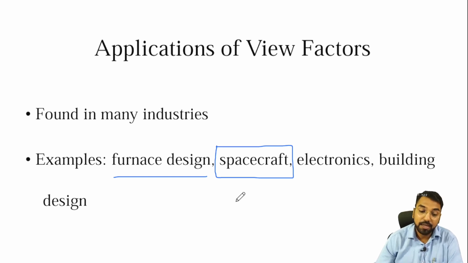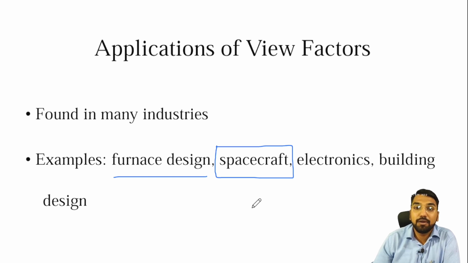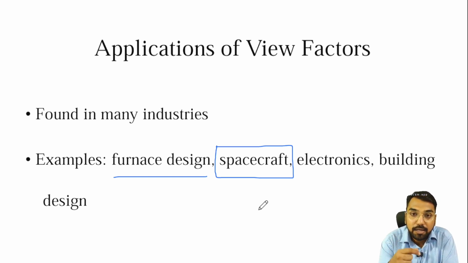And that's why the view factor plays an important role. While returning, the nose portion of that spacecraft will experience high friction, and due to which the nose area will experience high heat, and for that we have to design special insulating material.